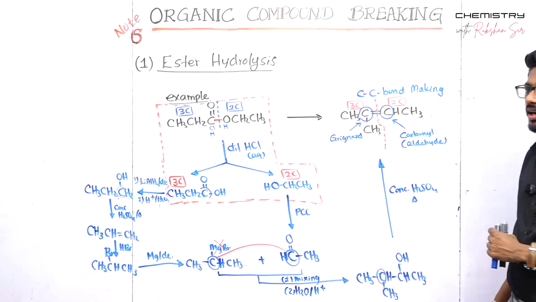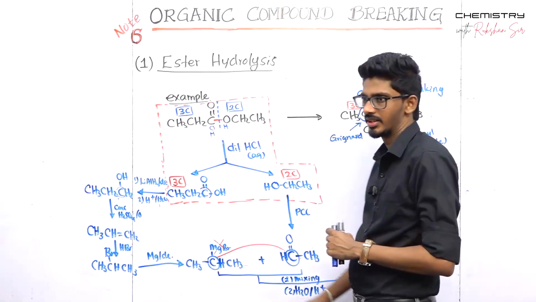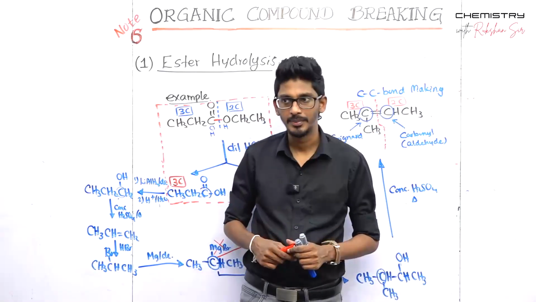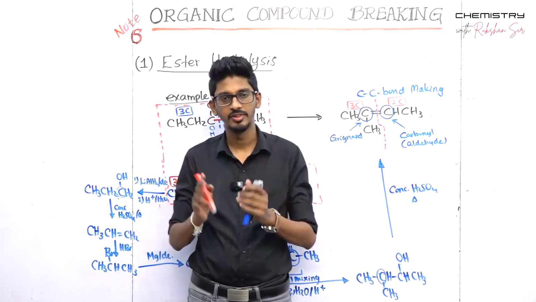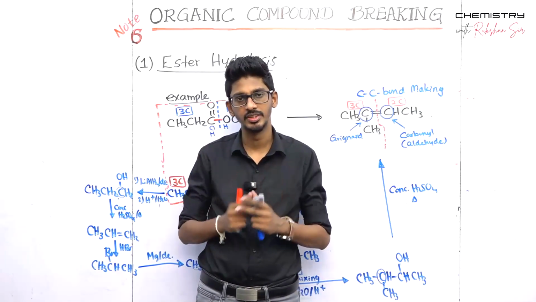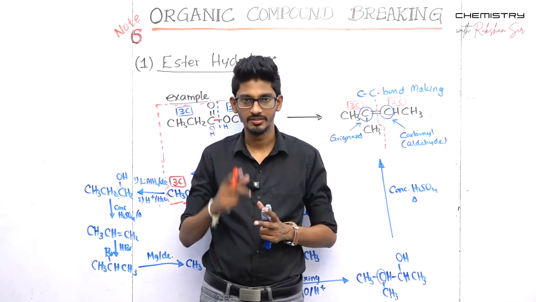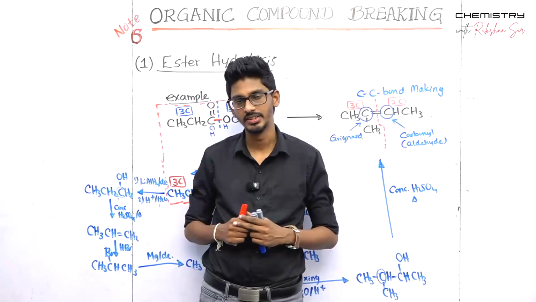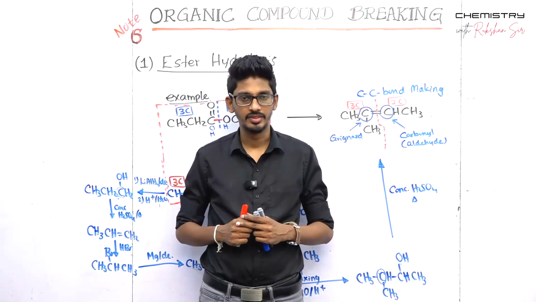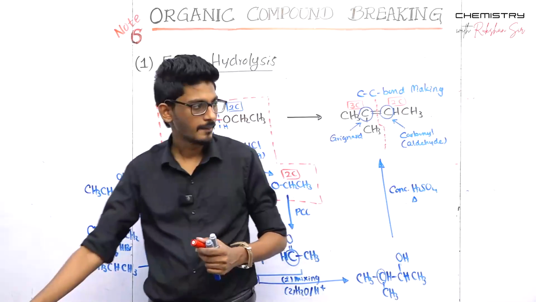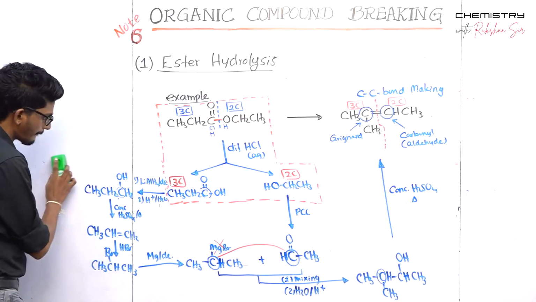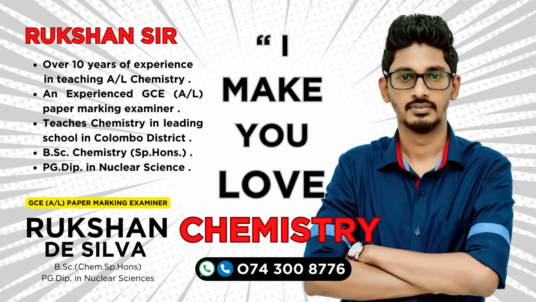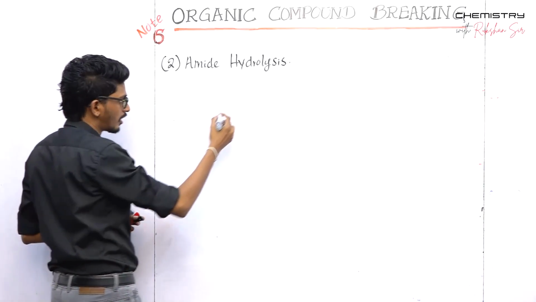Right now, okay, then we'll come up with the next topic, the second kind of hydrolysis reaction, or second kind of organic compound breaking reaction. We'll study that. It is known as the amide hydrolysis. We'll do that. See, let's come up with an amide.